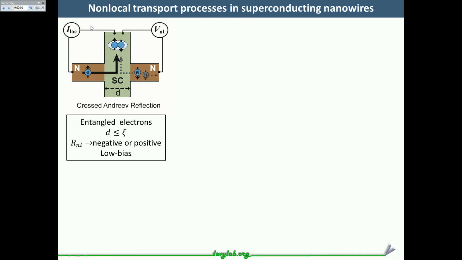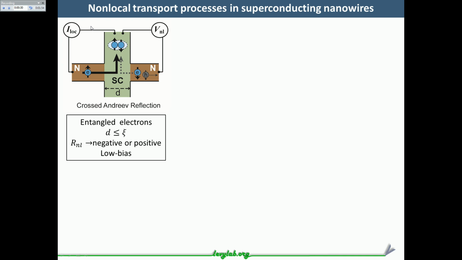Related to that last note, there are a few known non-local transport processes in superconducting nanowires and nanostructures. One is cross-Andreev reflection. This is distinguished from regular Andreev reflection, where an electron in a normal metal comes to the interface with a superconductor, and in order to be transmitted as a Cooper pair, it reflects a hole backwards.